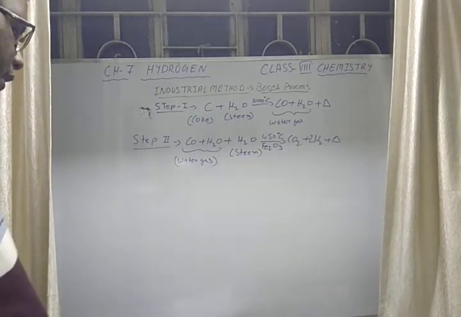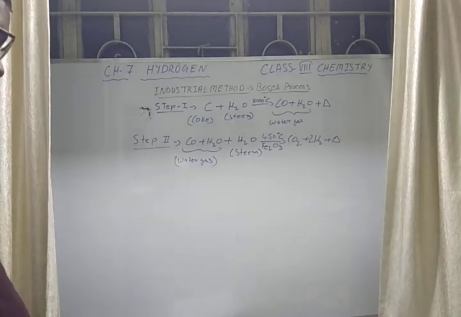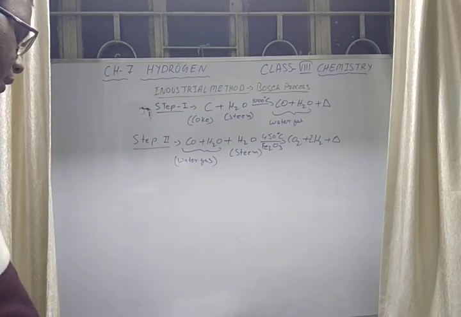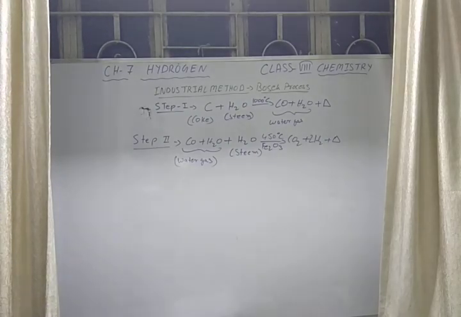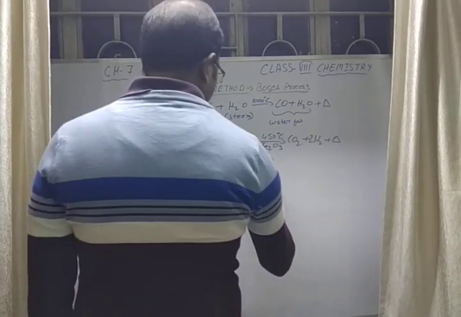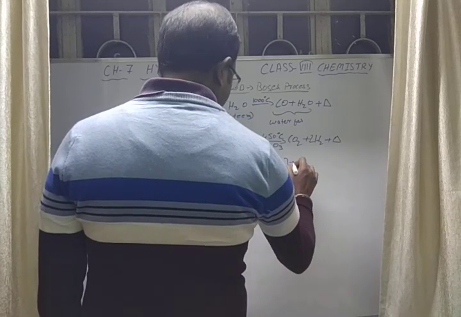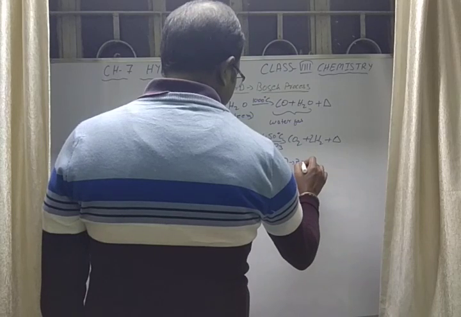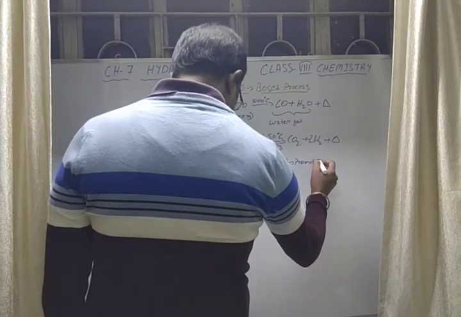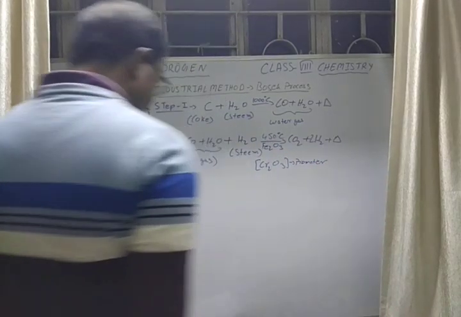So this water gas, when passed over excess of steam at about 450 degrees Celsius in the presence of some catalyst, that is called ferric oxide, it is converted, and some promoter is also used here, like chromic oxide, Cr2O3. It acts as a promoter here, so we speed up the reaction.